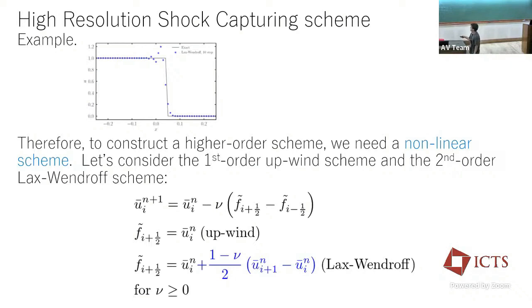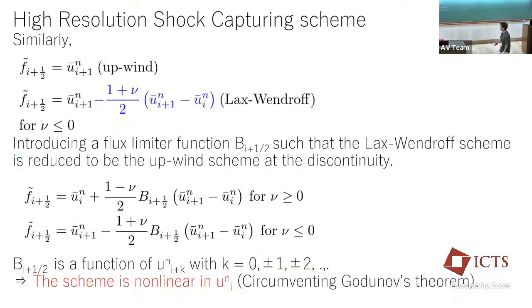So let's update u bar i at n plus 1 by these equations using the numerical flux F tilde at i plus and minus one half. For the positive nu case, which means a, the propagation speed, is positive, F tilde is the upwind scheme and F tilde is also the Lax-Wendroff scheme. So let's combine these two methods appropriately. How should we do that?